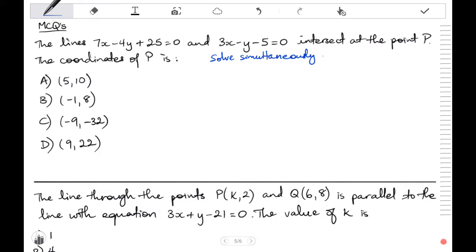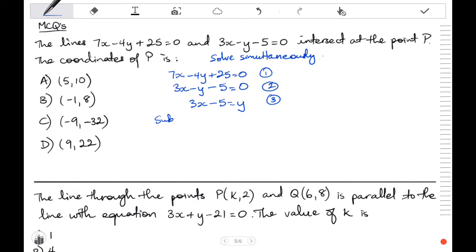So the first equation, 7x minus 4y plus 25 equals 0, equation 1. Second one, 3x minus y minus 5 equals 0, equation 2. Now what I'm noticing, I can make y the subject easily here by bringing it on this side. So I have 3x minus 5 is equal to y. Call this equation 3. So we sub in equation 3 in 1.